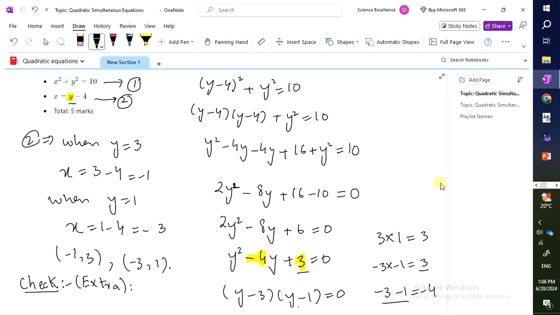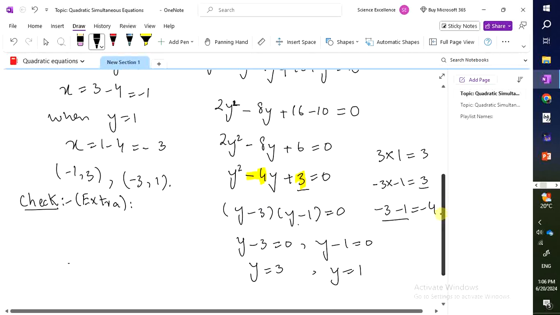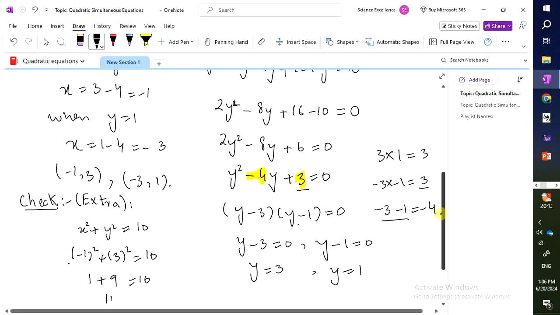Let's say we consider the quadratic equation x squared plus y squared equals 10. If we use this pair, when x is minus 1, y is 3, (minus 1) squared plus 3 squared equals 10. So (minus 1) squared is 1 and 3 squared is 9. So that means 10 equals 10.